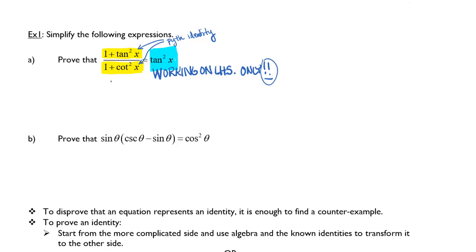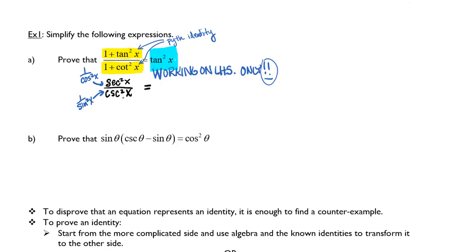The top is secant squared of x over cosecant squared of x. If you weren't able to figure that out, that means you need more practice with your identity memorization. Secant is 1 over cosine squared x, and cosecant is 1 over sine squared of x.